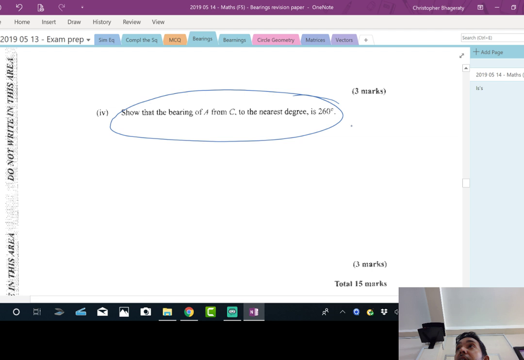So what we're going to do, let me recreate a diagram down there so that I don't have to erase stuff. Bearing of A from C. Just see who came, please. Might be Laurel and Amy. Hey Amy, how are you doing? Hey, afternoon.